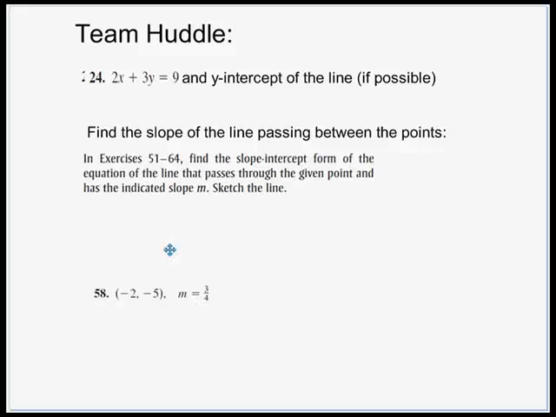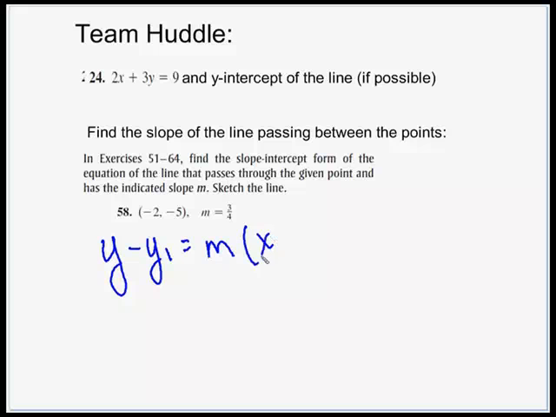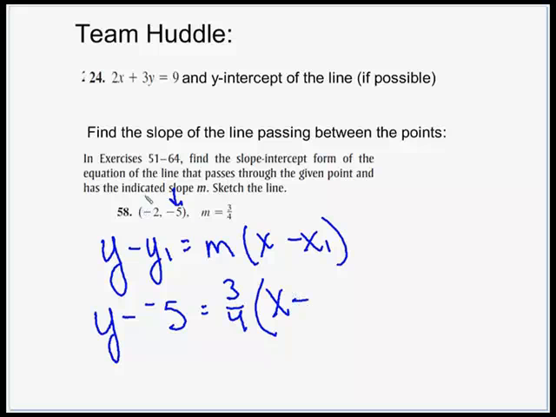The last one is find the slope-intercept form given these two things. So that is y minus y sub 1 equals m times quantity x minus x sub 1. Plug in our numbers. Y minus this negative 5. That's equal to m, 3/4, times x minus this negative 2.